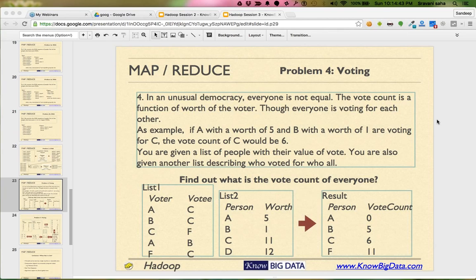So in Google's case, the rank of a website is a summation of how many people are linking to this website as well as what are their values. A combination of the two is what leads to the page rank. So if your website is being linked by a website whose page rank is really high, you will get a better page rank.